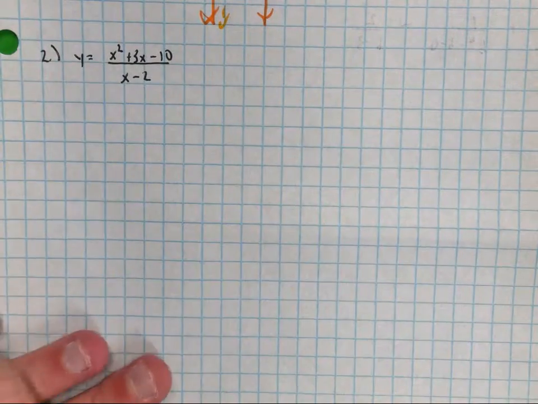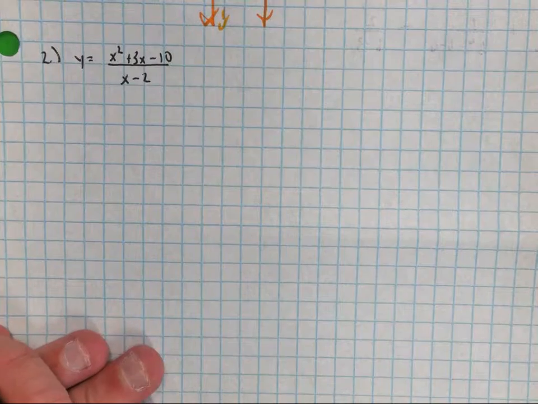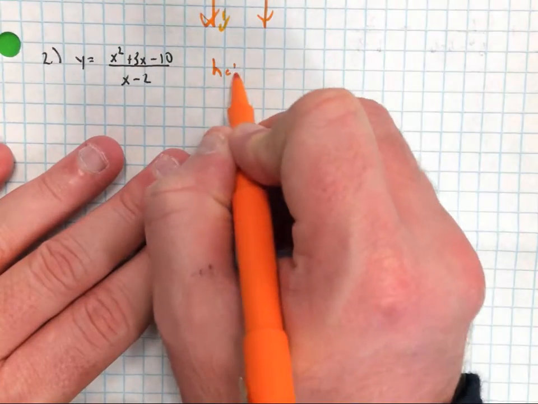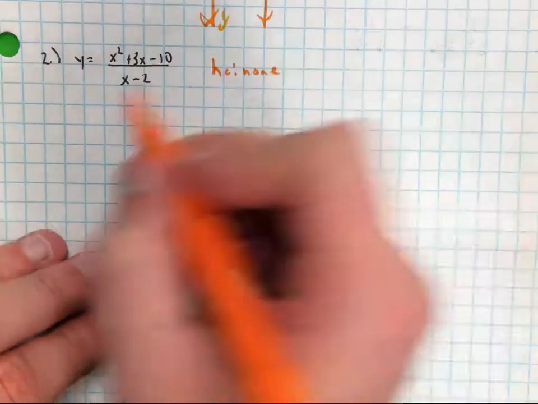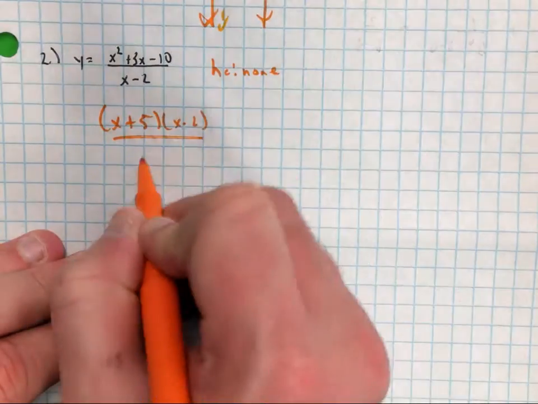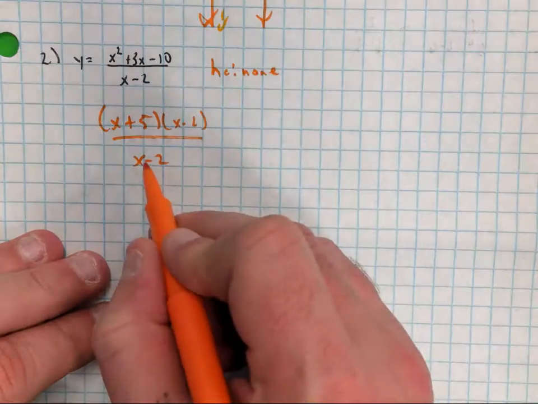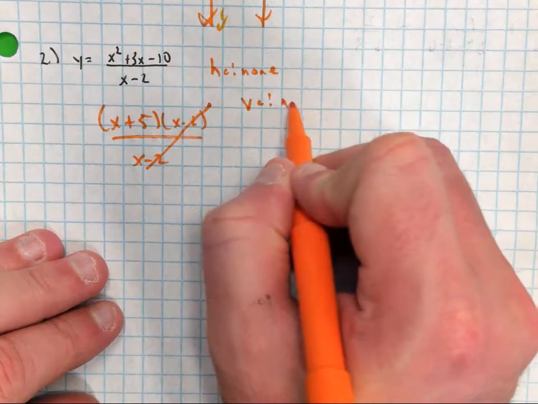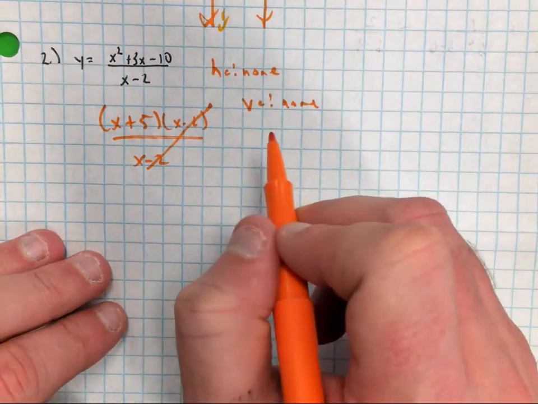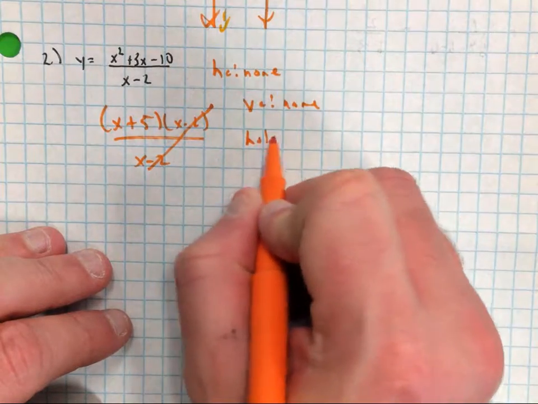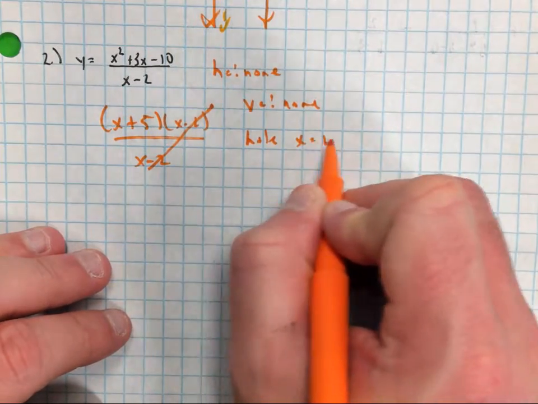Alright, number 2. Where's your degree higher at? Numerator or denominator? Numerator. So numerator what? Okay, I'm going to factor this. Ooh, these cancel out. So is there a VA? No. If there's not a VA, do you need to make a table? No. So your hole is at x equals 2.